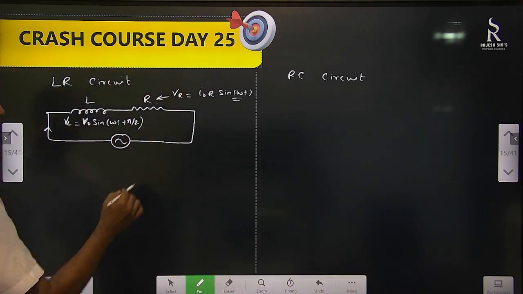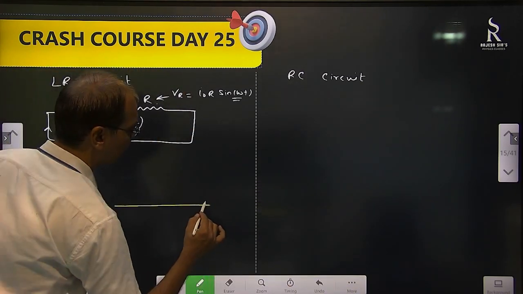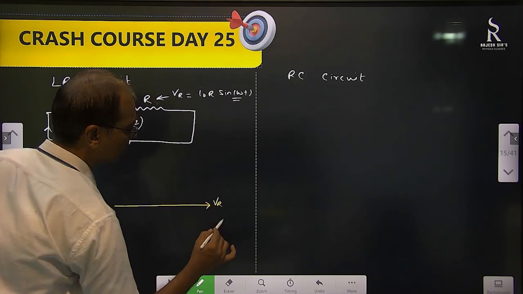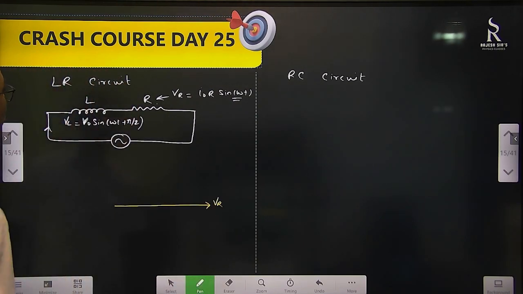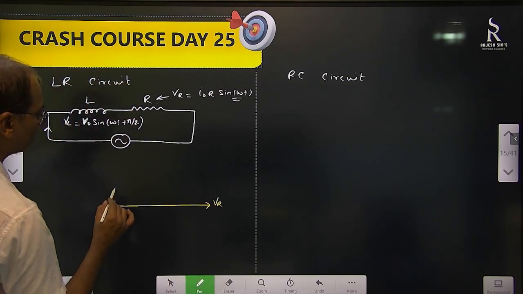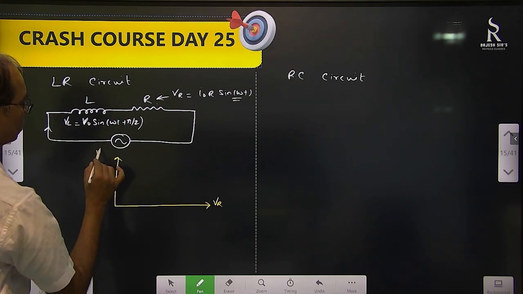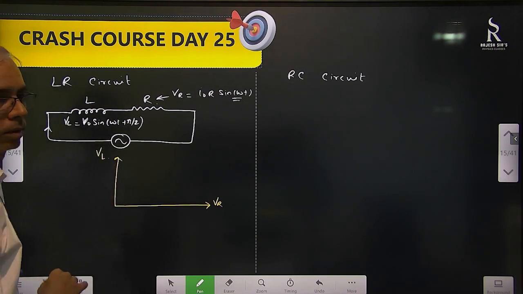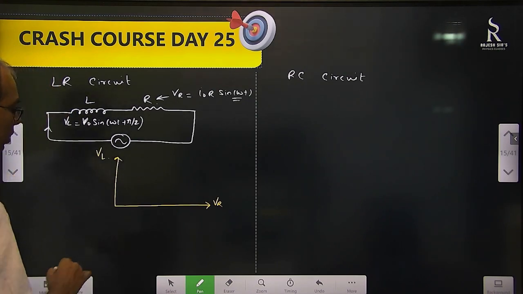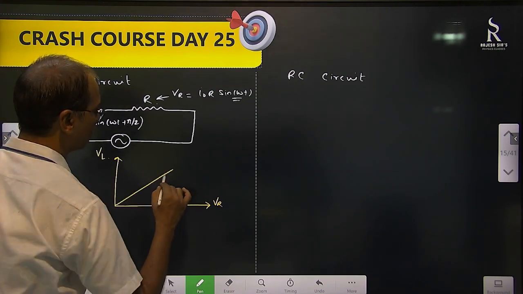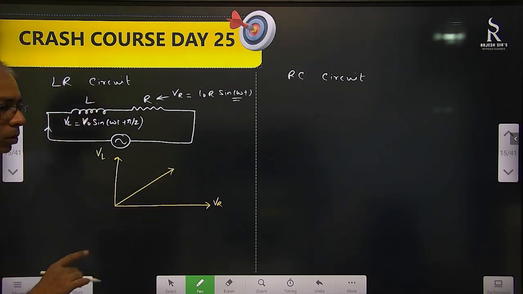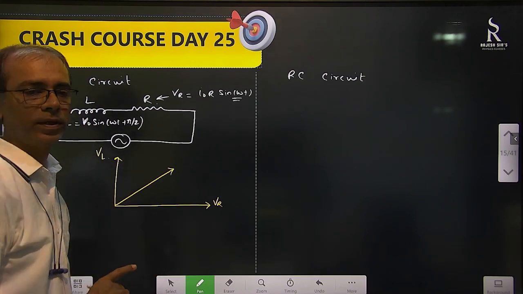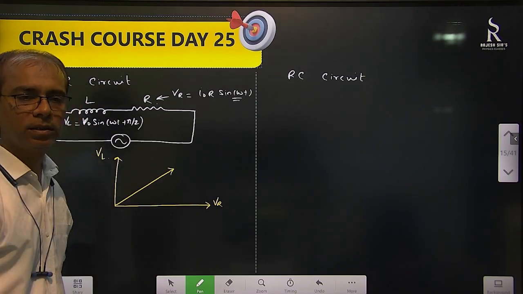Where is VR? VR is in the same direction as the I we made, so we make VR horizontal. And where is VL? VL is here. What is the resultant? The resultant will be like this. You have to add them vectorially. Are these vectors? No, but according to the phasor diagram, they are added in the same way as vectors.